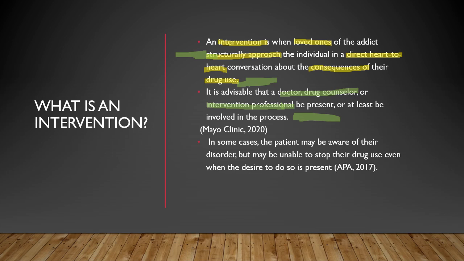The addict tries to stop using their drugs, but they're unable to, or they fail at their attempts. So in some cases, the individual may be very cognizant of the fact that they have the disorder, but for some reason they're unwilling or unable to stop, even though they really would like to.